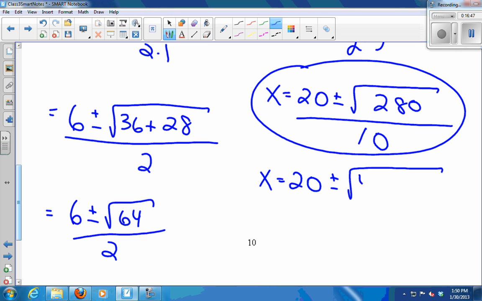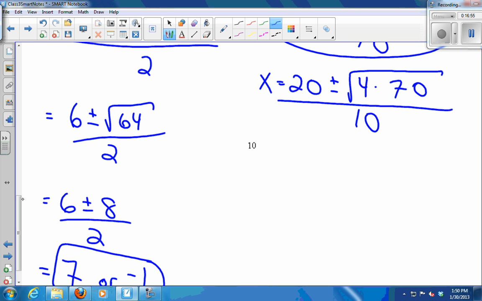So this would be 4 times 70 all over 10. And then the whole purpose of doing that is that now you have a perfect square under the square root, so you can square root it and take it out. So this would be 20 plus or minus 2 square roots of 70 all over 10.